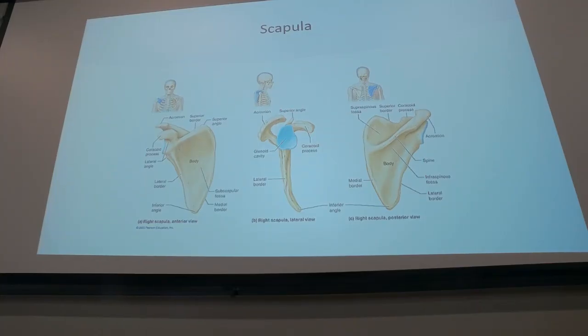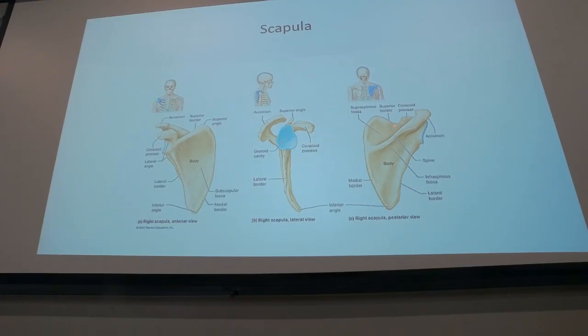Okay, so this spine, it is the actual part that you can feel really easily if you do this. The spine runs in an angle from the medial border to the lateral border going up, and then it broadens into this plate that is called the acromion.